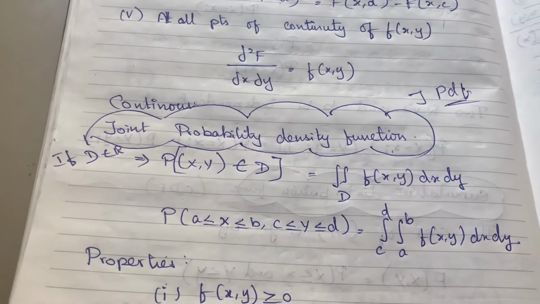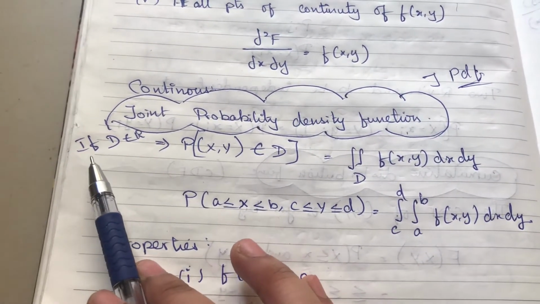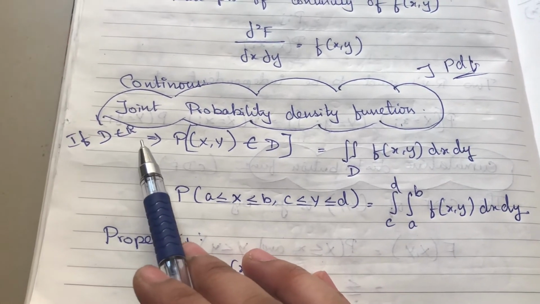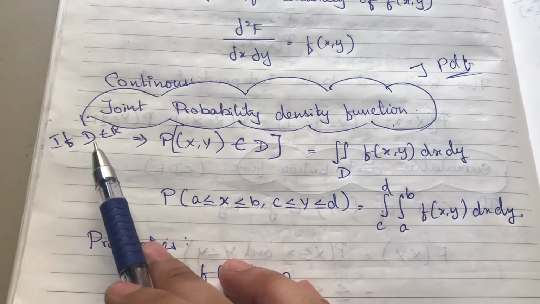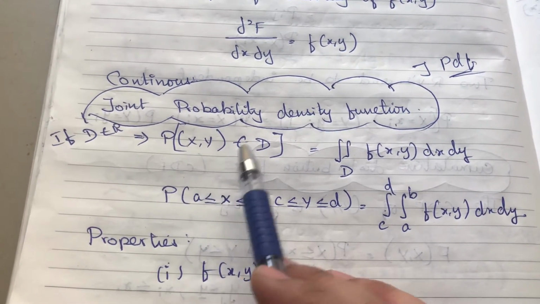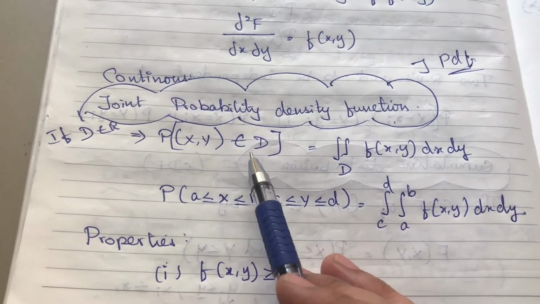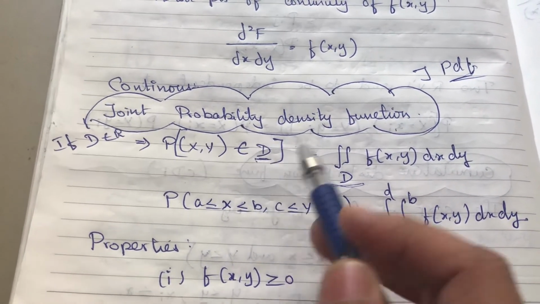So PDF. Okay, here they are saying for all D, P of (x, y) in D will be equal to a double integration. So this D is nothing but a region.